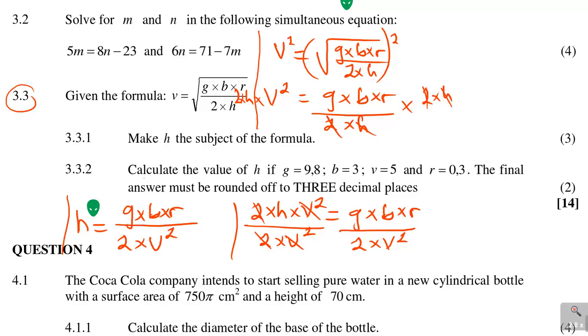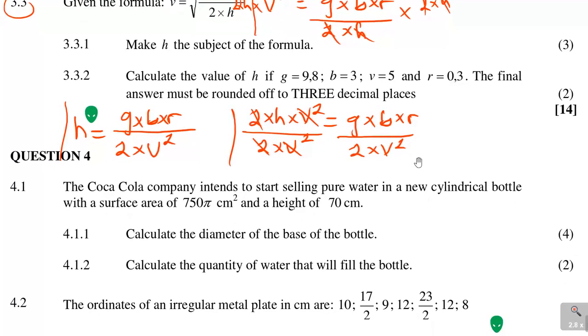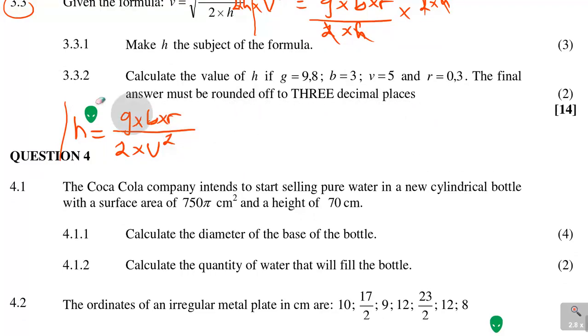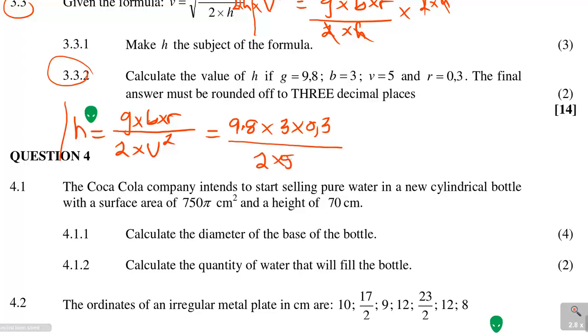That's our H. Now it says calculate the value of H if G is that, B is that, and R is that. Now we are using the same thing to substitute now. I'm going to work from here. That is question 3.3.2. It will be equal to, now G is 9,8 times B is 3 times R is 0,3 over 2 times V squared, which is 5 squared.